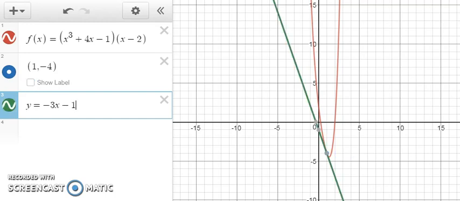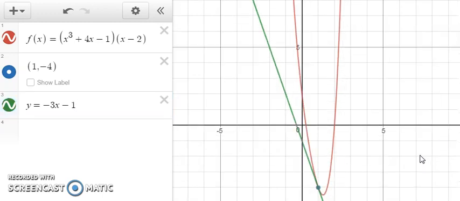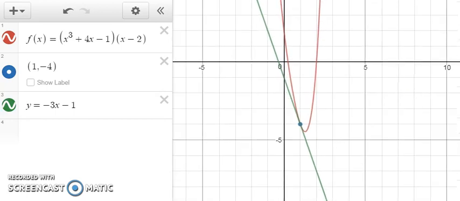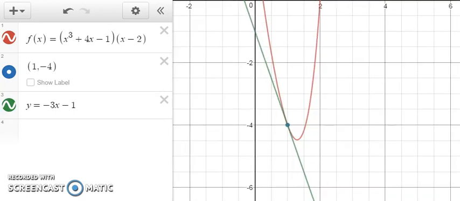So there is the tangent line that passes through the point 1, negative 4. And you can see it there. I just want to make sure you guys have a full understanding of what it is you're finding.